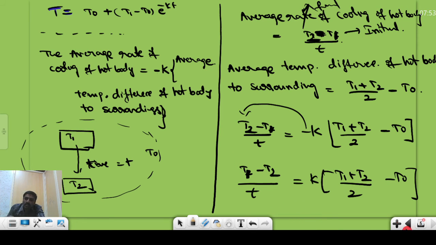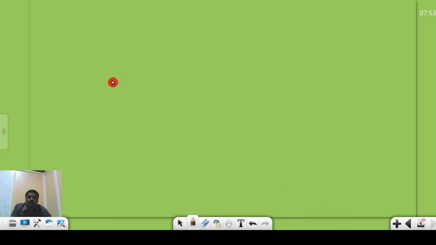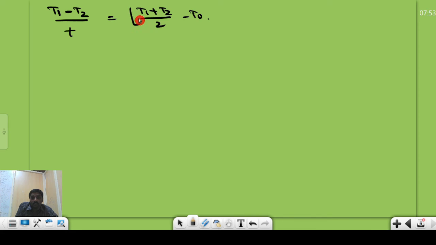Now let me use this formula once again. I am writing the final formula we concluded: T1 minus T2 divided by time t is equal to (T1 plus T2) divided by 2 minus T naught, times K. This is the formula we are having.